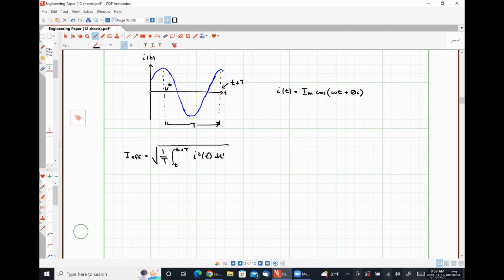Now, we are going to need to figure out how our period capital T relates to our angular frequency omega in this case.